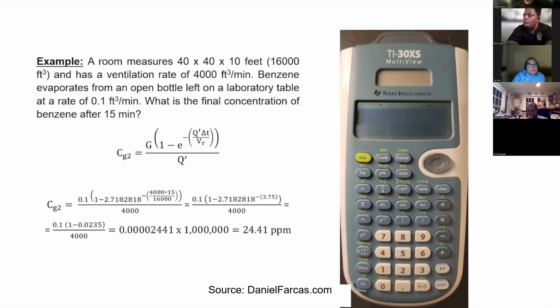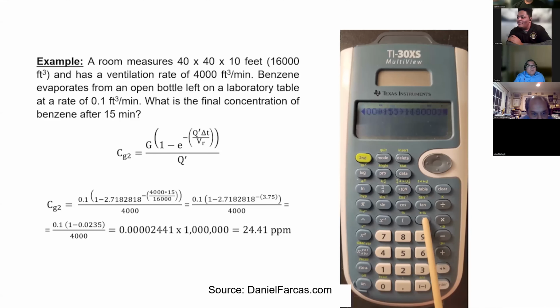So after we plug in the numbers in the formula, we have parentheses 0.1 times parentheses 1 minus e to the power of parentheses minus parentheses 4,000 times 15 close parentheses divided by 16,000 close parentheses, close parentheses, and close parentheses again, divided by 4,000.